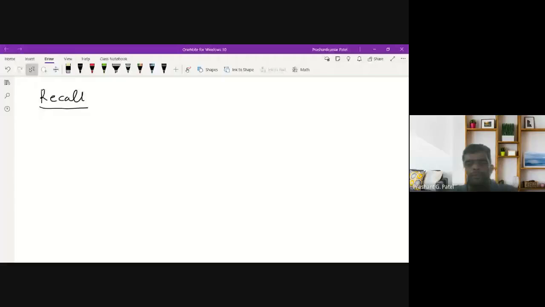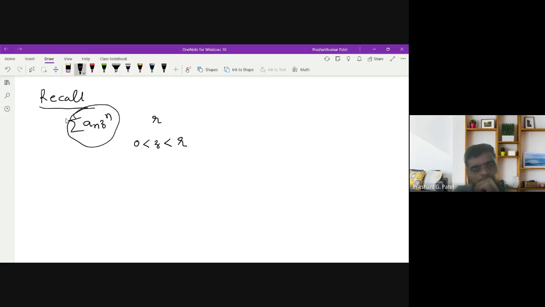So in the previous lecture, we have talked about the uniform convergence of power series of the form an z raised to n. If it has a radius of convergence r, then this power series is uniformly converging for all values inside this neighborhood, or I can say minus r to r if z is a real number, otherwise mod z is less than r.